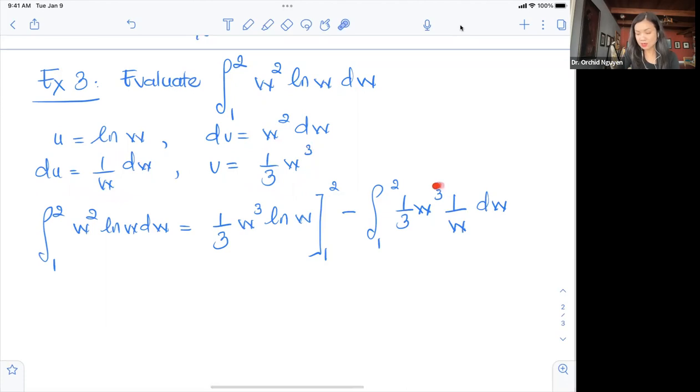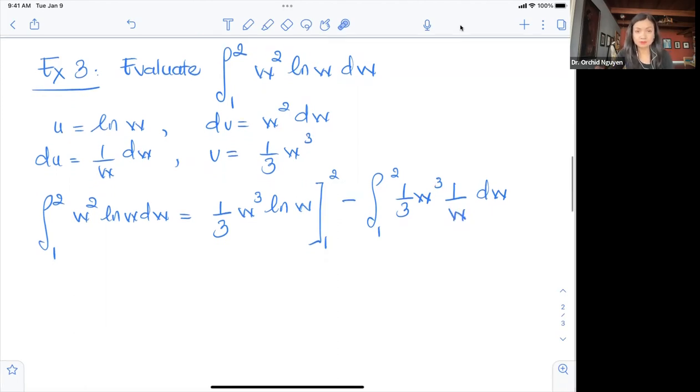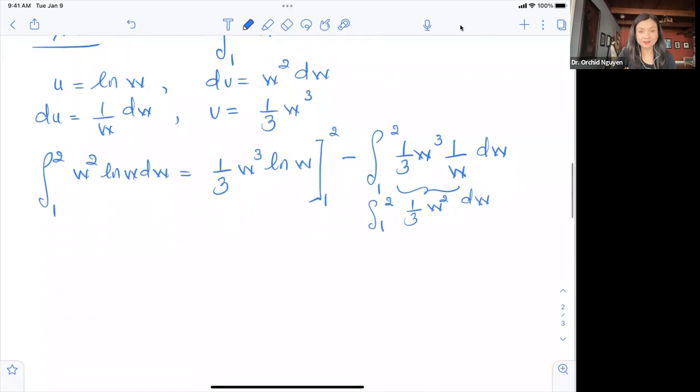You can see right here, we can simplify w cubed and w, so it turns into a w squared dw. Okay, all right, I'm going to integrate.